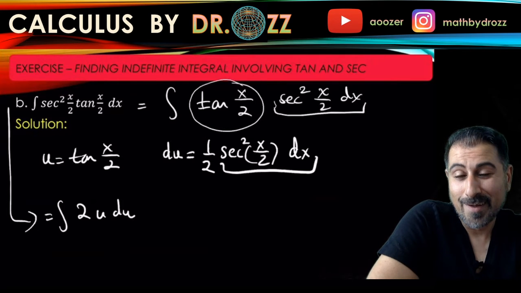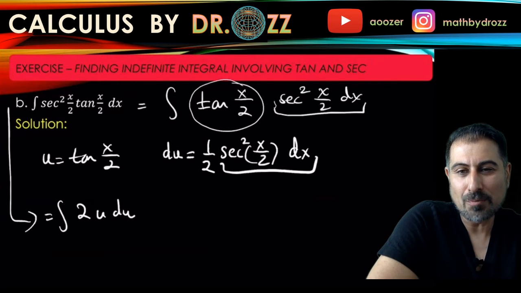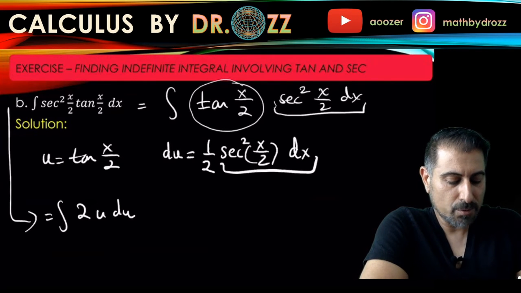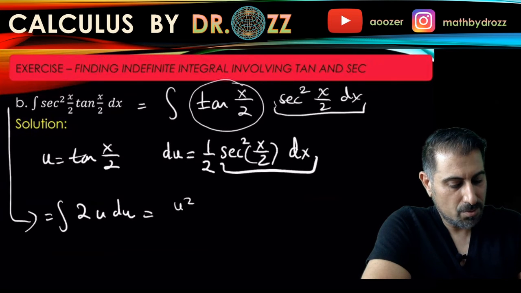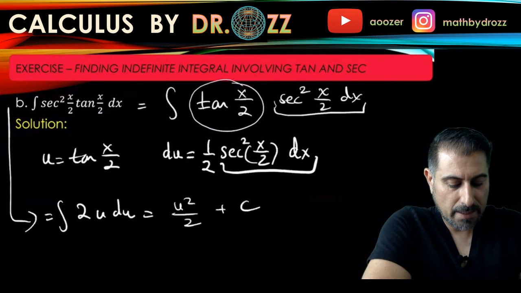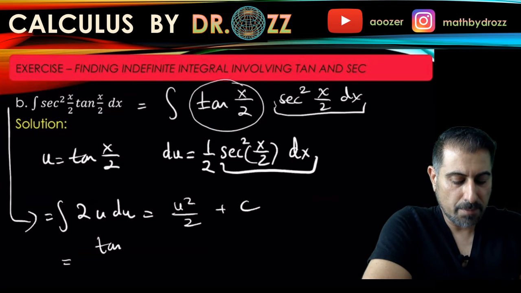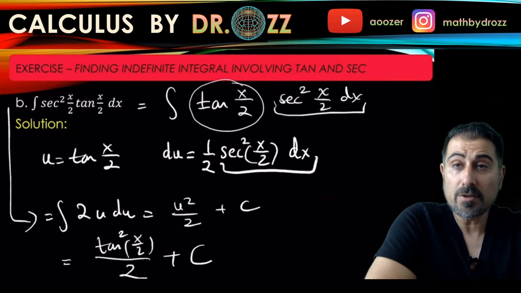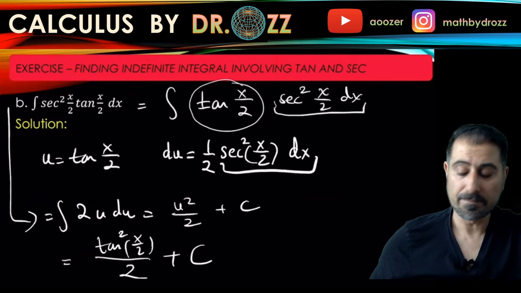So at the end of the day, just one u substitution is enough, and it's 2u du to be integrated as u squared over 2 plus c. Boom, you got the result. So tan squared x over 2 divided by 2 plus c is the value of this integral.